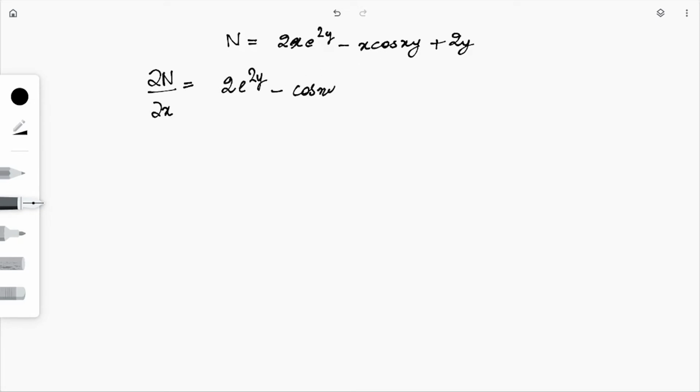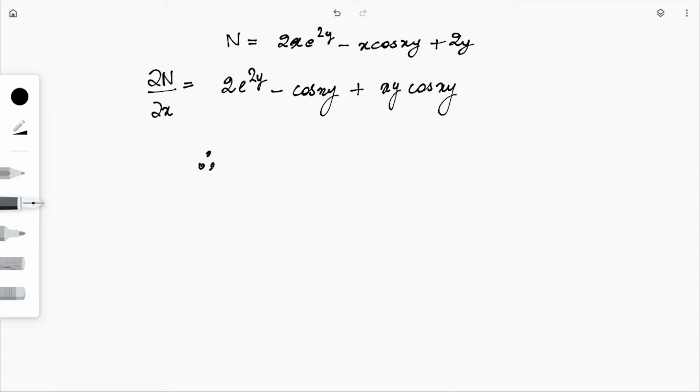So it will be minus cos xy, and the differential of cos is minus sin, so it will be minus minus plus, and we'll have xy sin xy. And 2y is a constant when we are differentiating with respect to x only, so this will become 0.